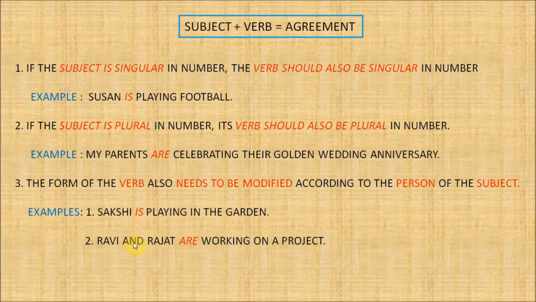Ravi and Rawat, two persons. So this is plural in number, therefore the verb is used in the plural. Now third example, Shalu and I are baking a pie tomorrow. In this example, Shalu and I are the subject which is plural in number, therefore the verb is also used in the plural.